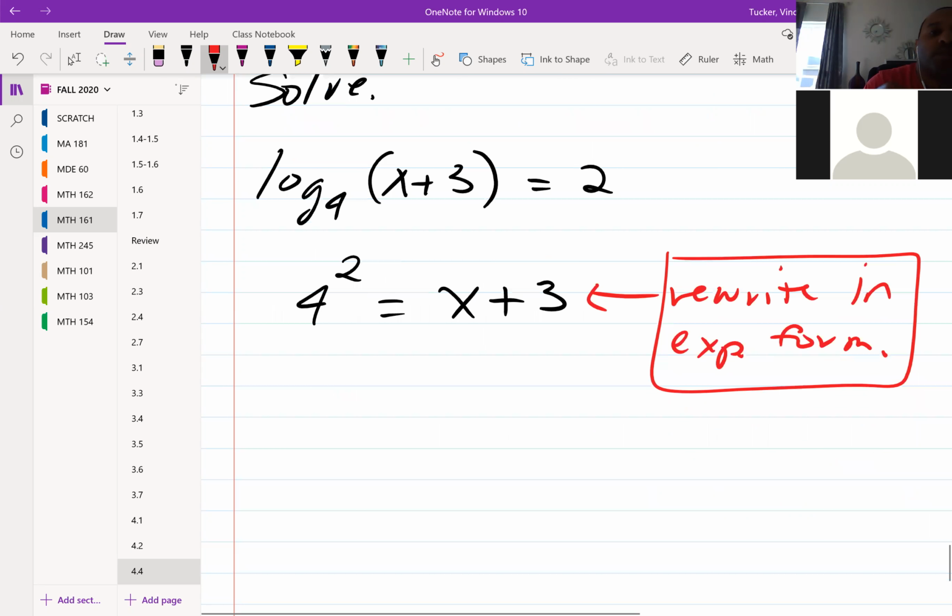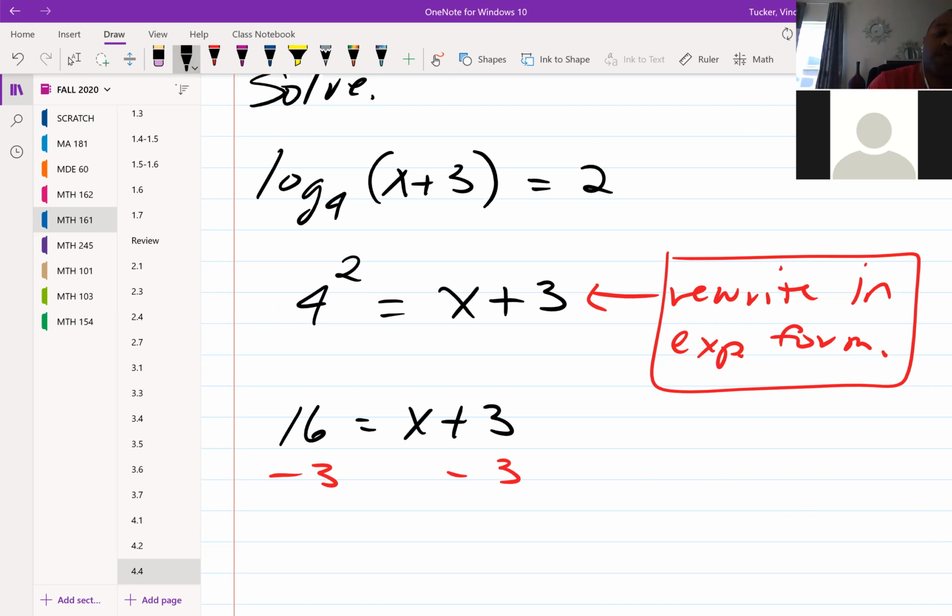All right, so let's go ahead and solve. Once you have it this way, then you can just solve. 4 squared is 16. Then subtract 3 from both sides.